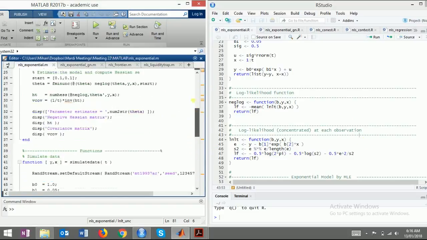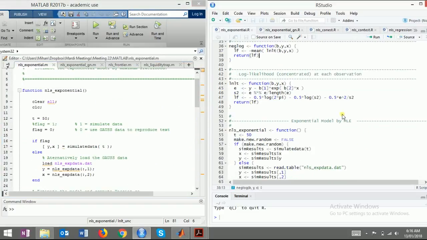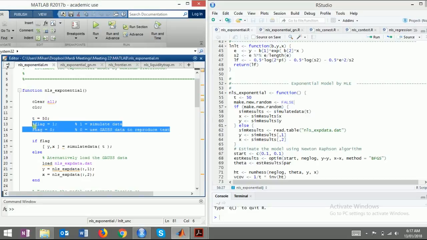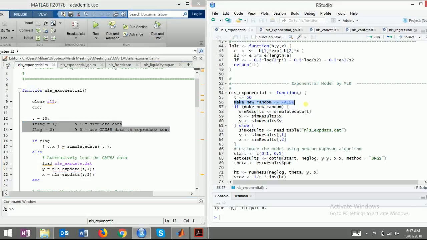Now let's go to the exponential function, the exponential model. Very simple. Exponential function, t equals, make new random false. Either simulate data or use the given data, instead of a flag, which in R is quite big.